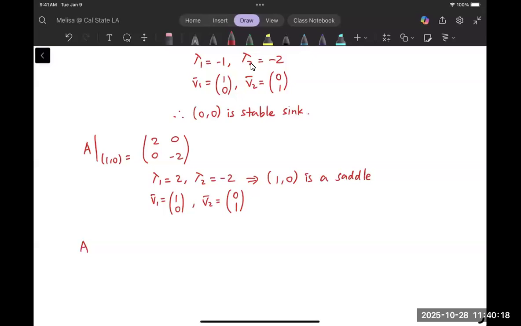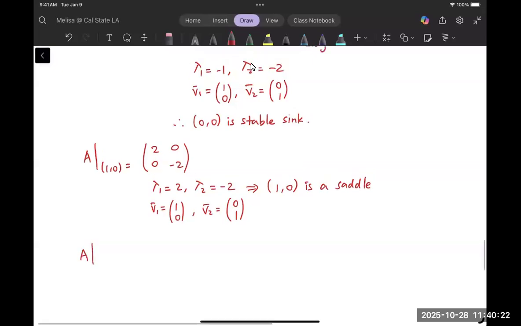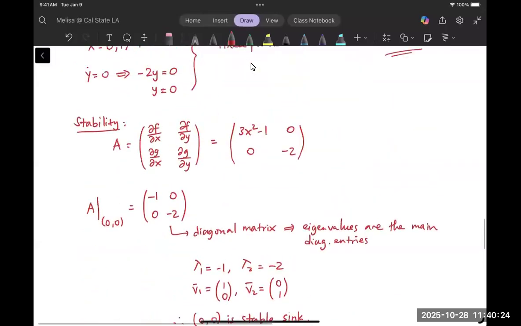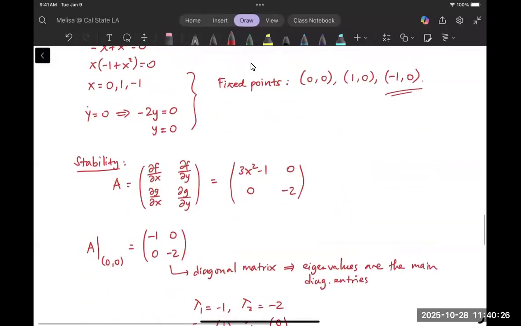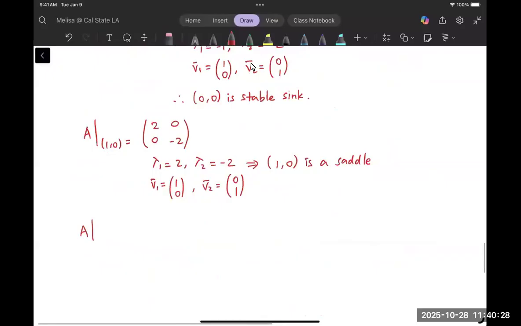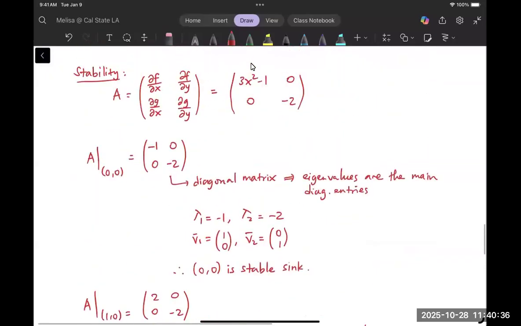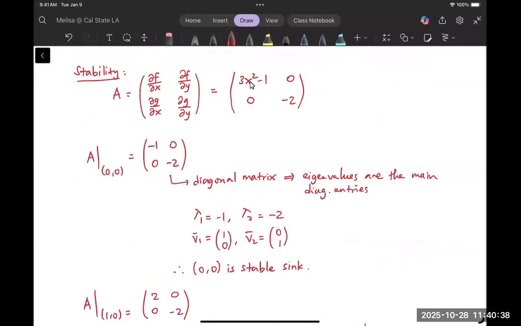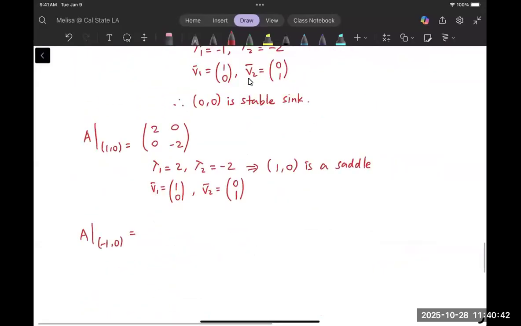Okay, look at the last one. Your third fixed point, -1, 0. When x is -1, we still have 2 in the first entry here. Everything else is the same: 0, 0, -2.